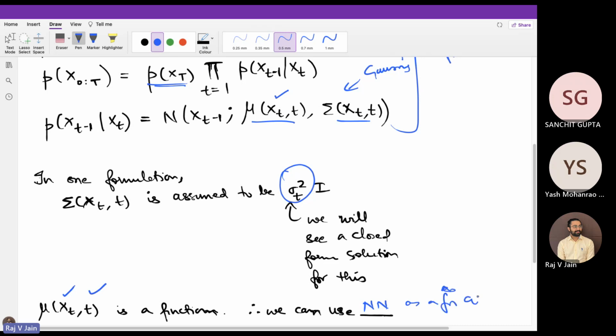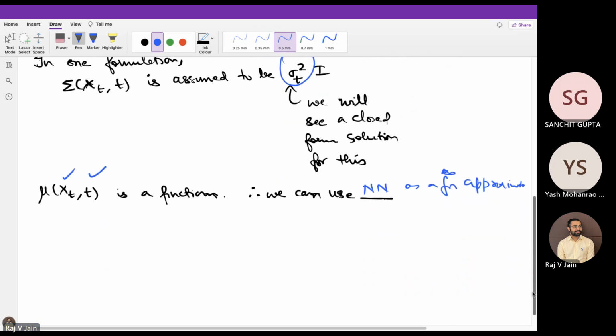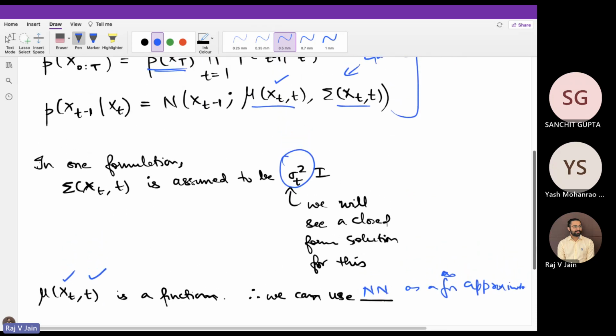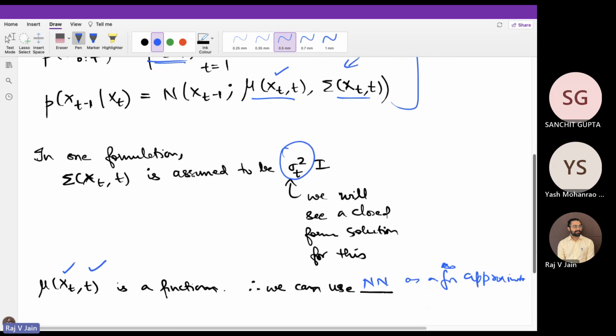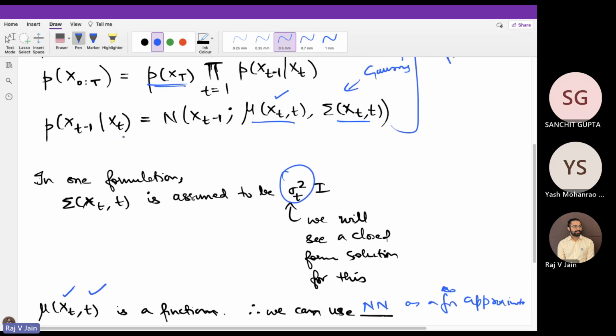And since we are feeding in t, it's dependent on t. It'll take a function that maps R^(D+1) space into this R^D space.